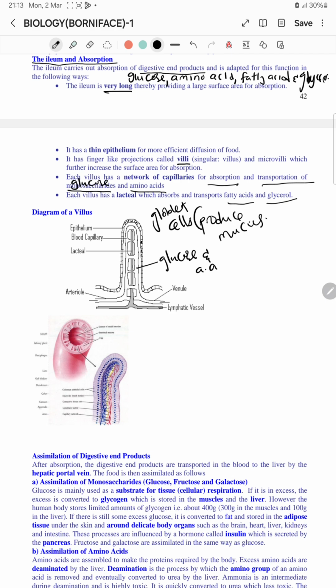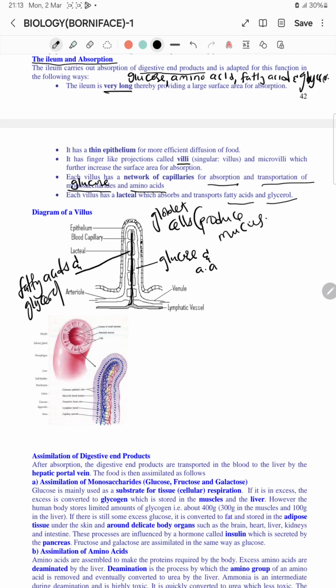Please always remember that. Then this part here inside is what we call a lacteal. This one transports fatty acids and glycerol. It absorbs and transports.